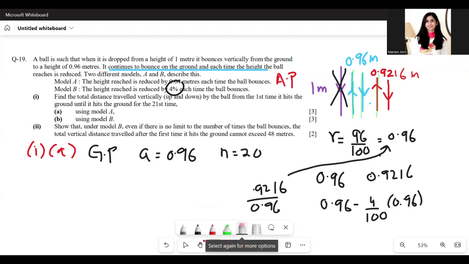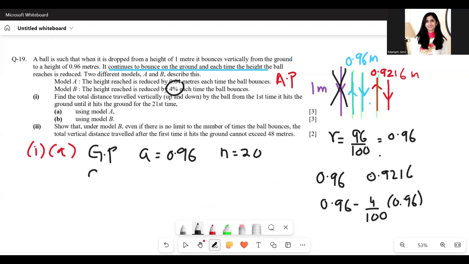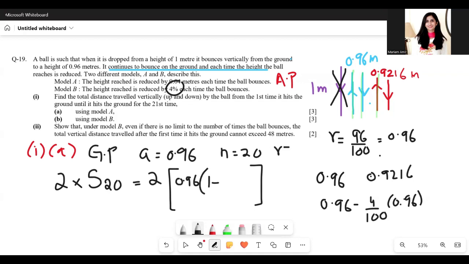All right. Now let's find the sum of the first 20 terms of this GP and also double it. So it's going to be 2 times. The formula is A, 0.96 bracket 1 minus R is 0.96. So 1 minus bracket 0.96 bracket close.